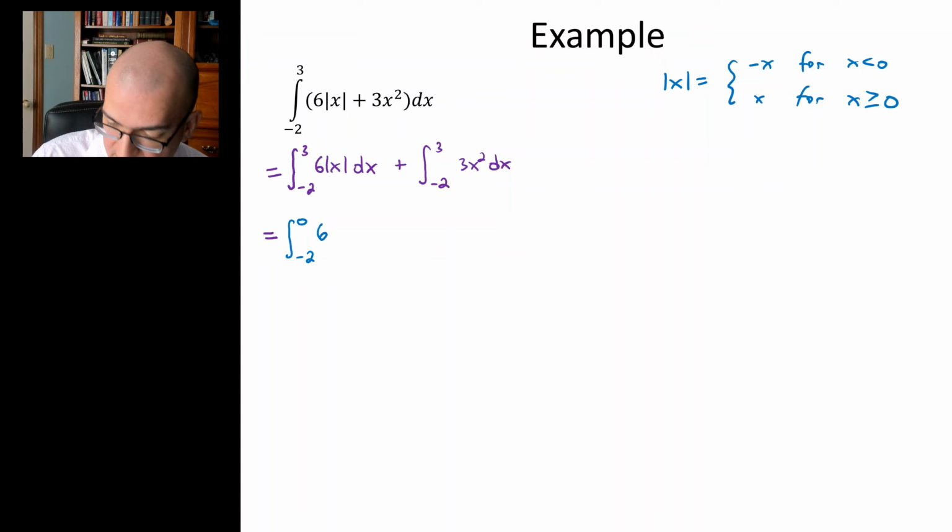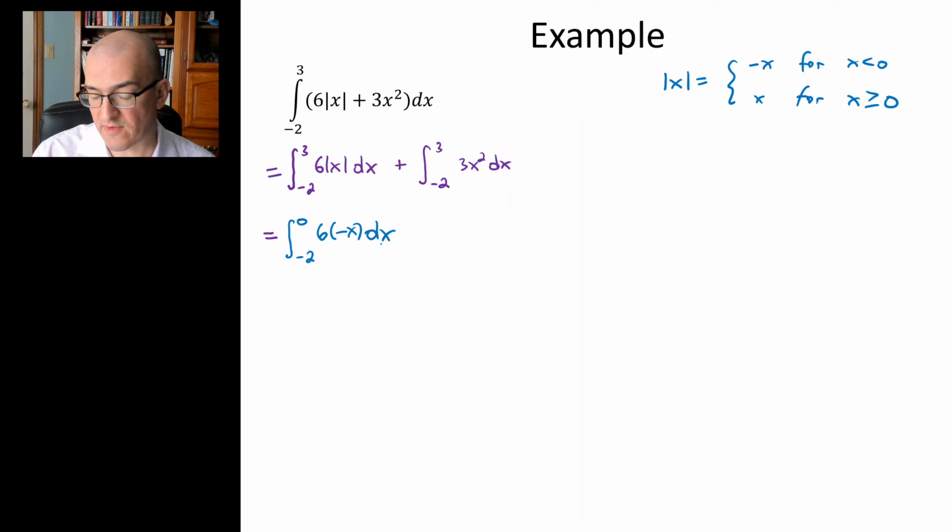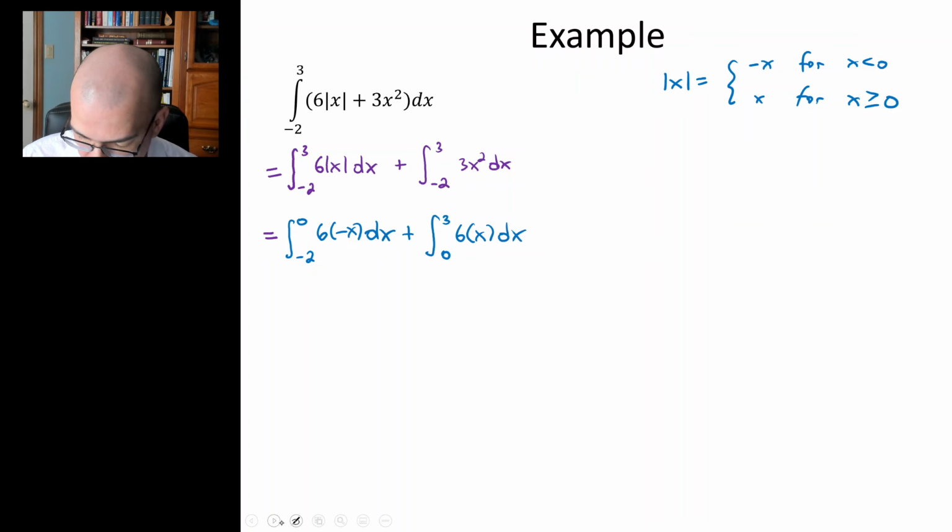And I have 6 times -x, because that's what the function is inside the region from -2 to 0, plus the integral from 0 to 3 of 6 times +x dx. And we have the last component there, -2 to 3 of 3x squared dx.